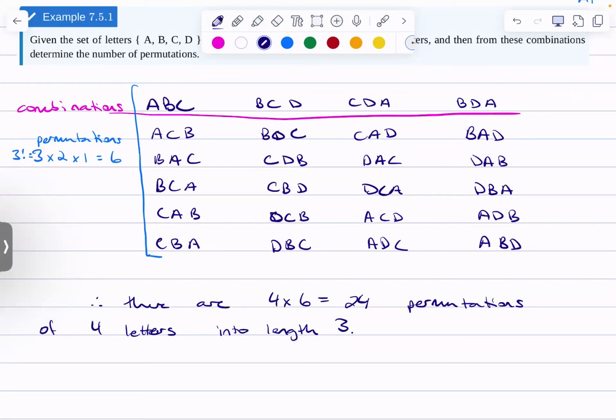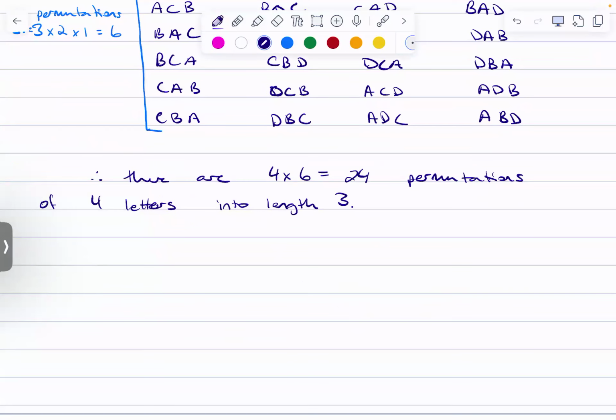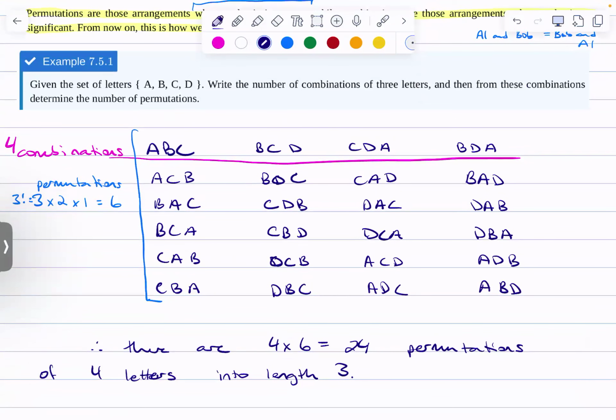So how do we get from that 24 down to just the 4 combinations? Right here, we said we have 4 combinations. Well, you could say that, let's start with 4p3.